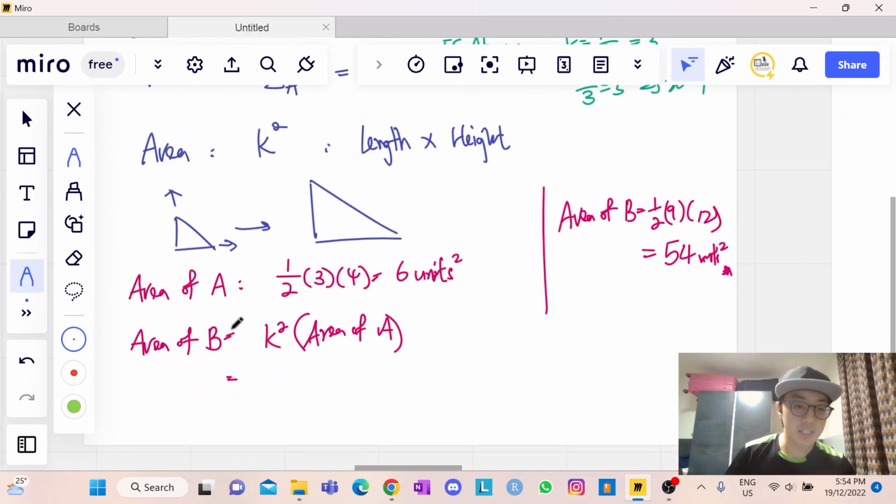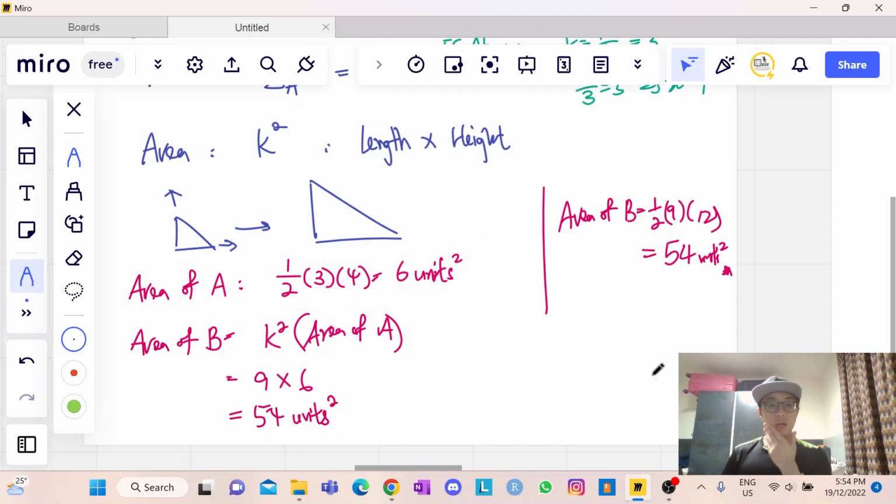Therefore, it's just 9 multiplied with the area of A, which is 6, and that is equal to 54 units squared. So it actually proves it, because these two are the same. You can use this method if and only if the triangles are similar. So this is one of the properties of area for similar triangles.